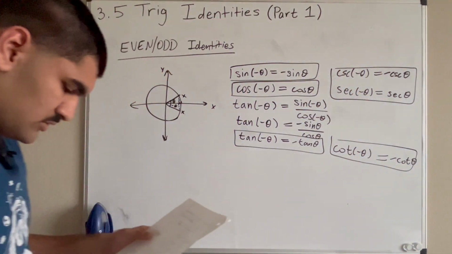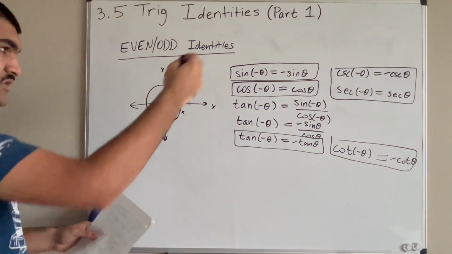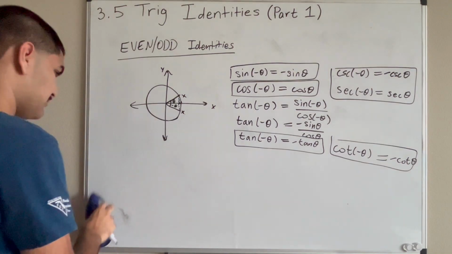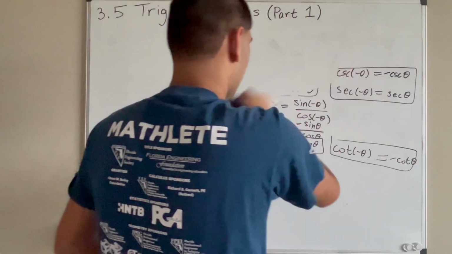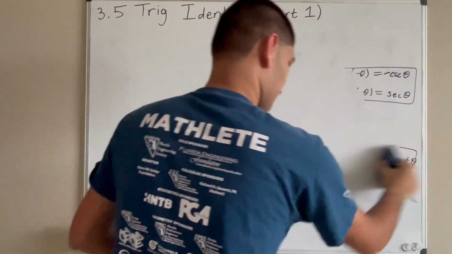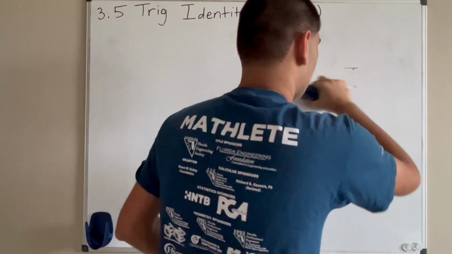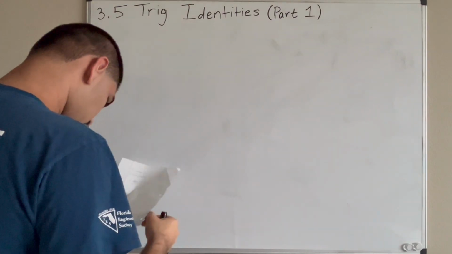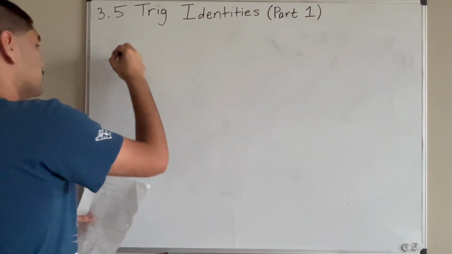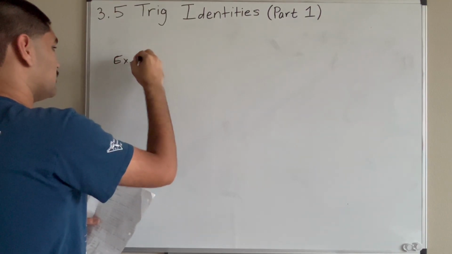All right, so now let's do another example using these identities. Example 3.